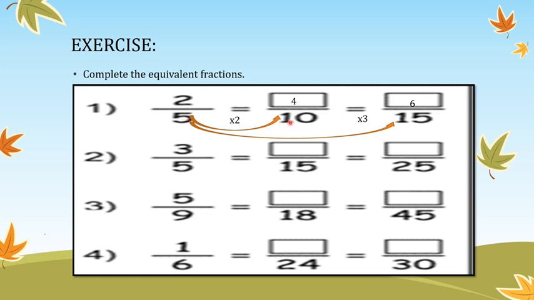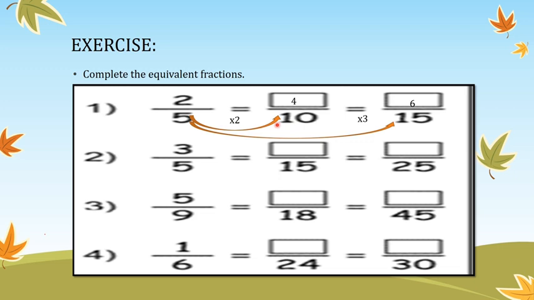If the denominator is missing, then we will find out how many times the numerator comes in the table, and we will multiply by the same number to find the denominator. And here in this case, since the numerator is missing, we will multiply the denominator by the number to find how many times 10 comes in the table of 5.